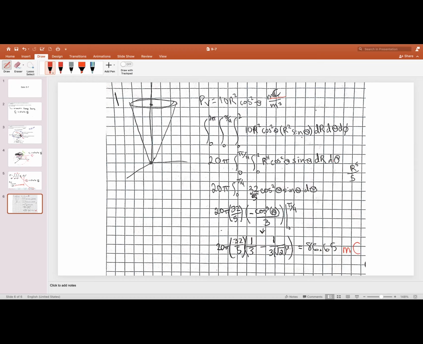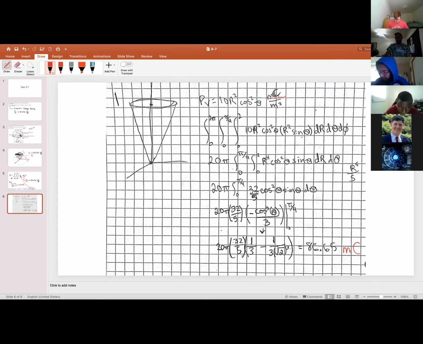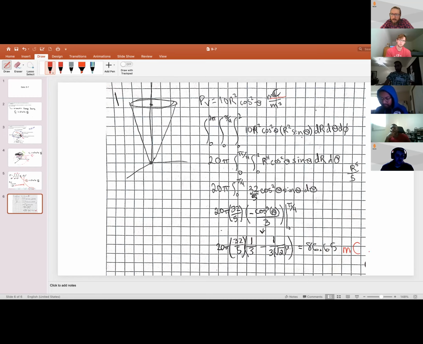All right, so let's take a look at this. Did anyone else get this same answer? I did get the same antiderivative. I just hadn't evaluated it. Okay, cool. It takes a minute to evaluate it, but this is what you should get. Now, a couple things to note: this is a triple integral.